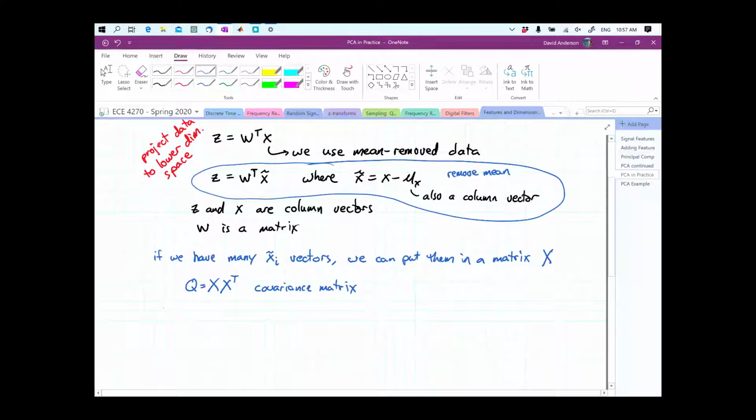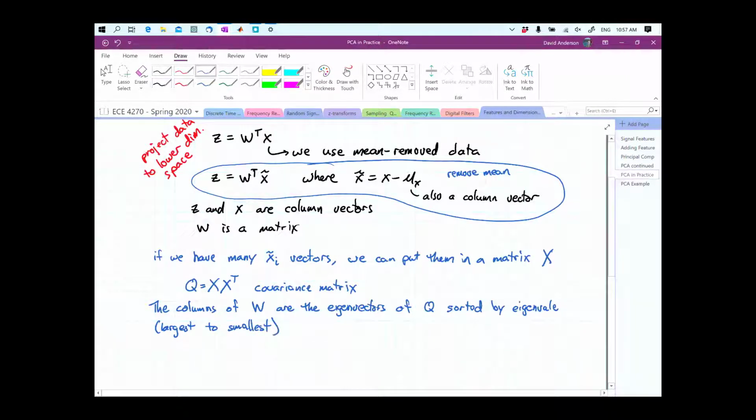Okay, so the columns of W are the eigenvectors of Q sorted by eigenvalue, largest to smallest.